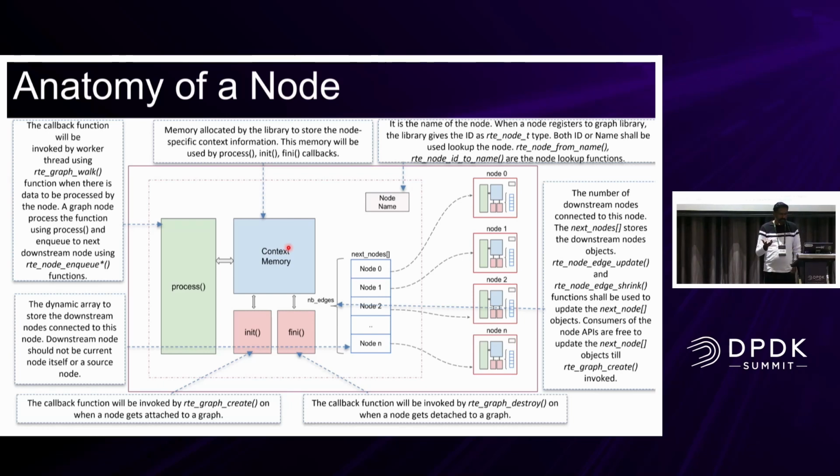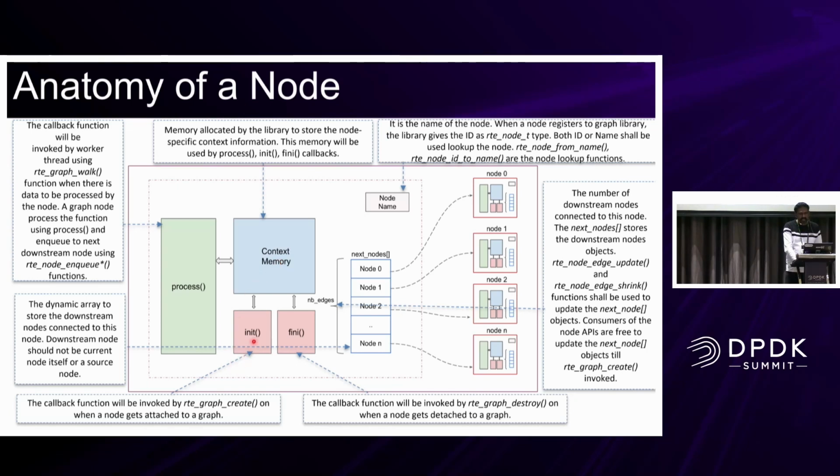For example, if you are using an IPv4 lookup implemented based on LPM, the table pointer will be stored here, so that when a packet comes in, the table lookup will use the table object from there.